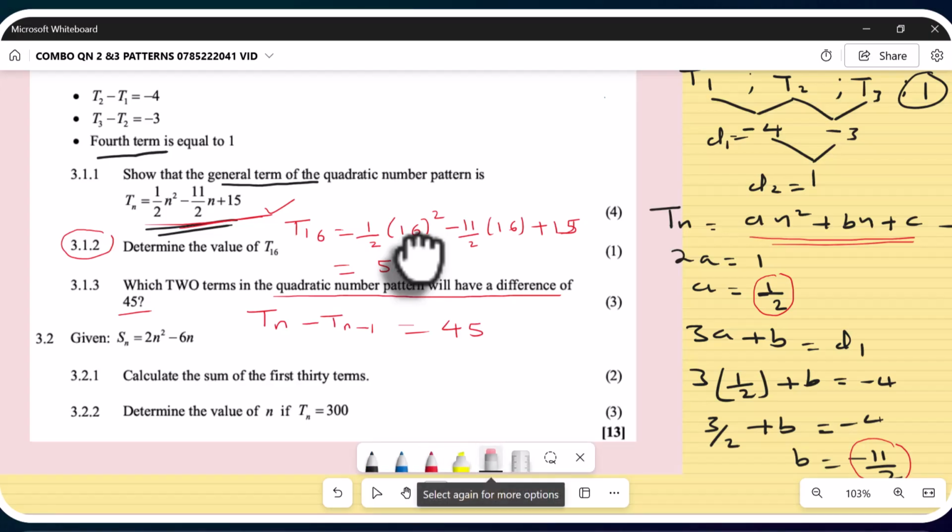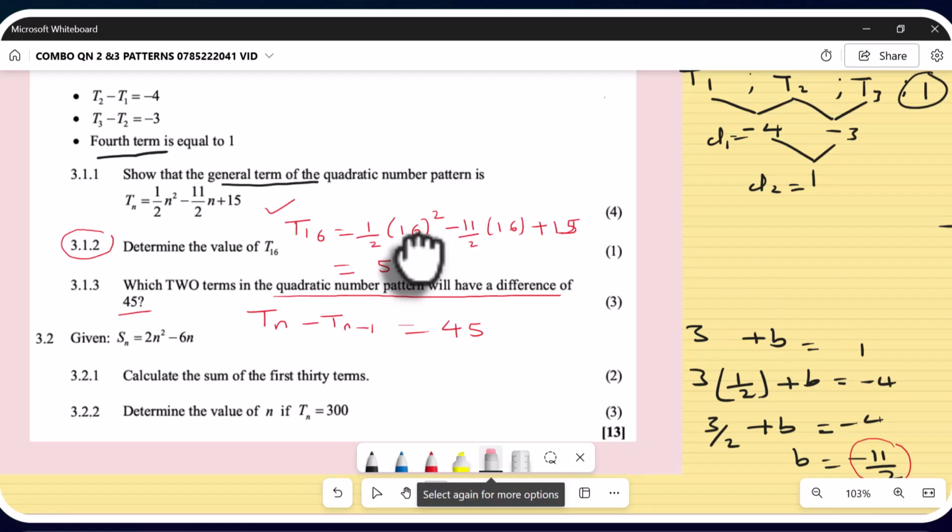So to make our things simple, we better use the pattern of the first differences. Now the first differences have a general term, which I'm going to call the small tn, like this, small t, the small tn. Okay, so here we go. Let me first get some space here.